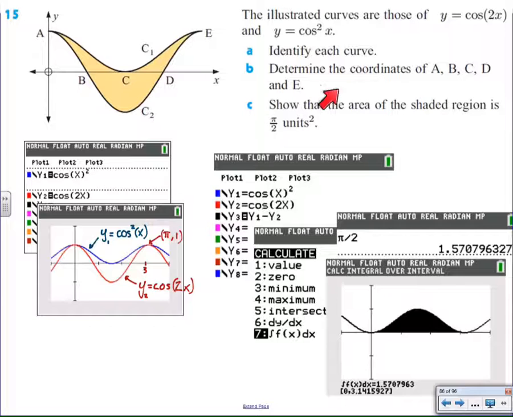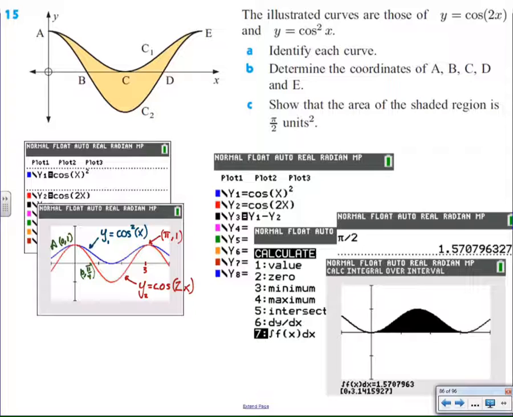When it says determine the coordinates of A, B, C, D, and E, then we could very quickly just write in point A is the point 0, 1. The point B, we could find by intersection, is going to be pi over 4. It said coordinates, so I write pi over 4, 0.